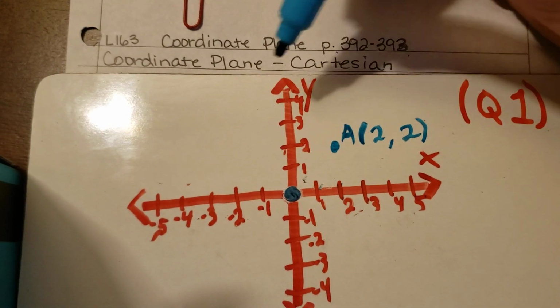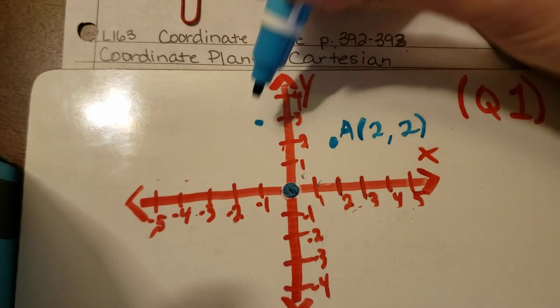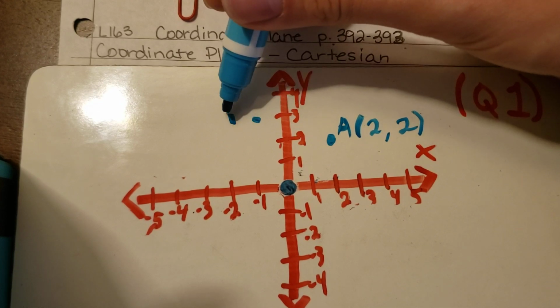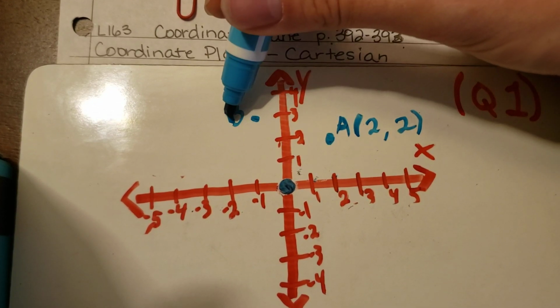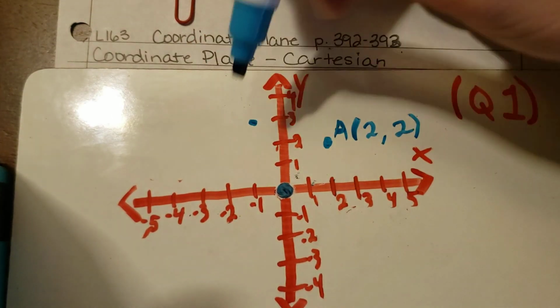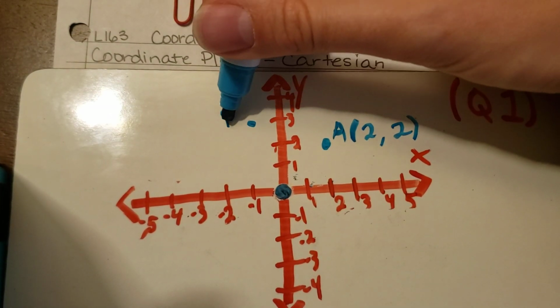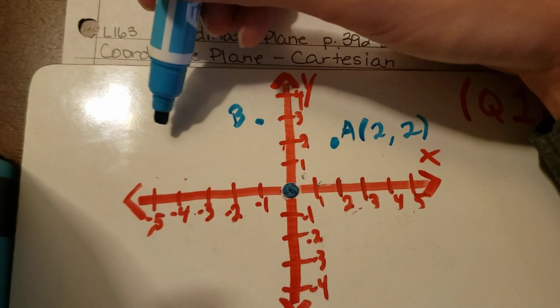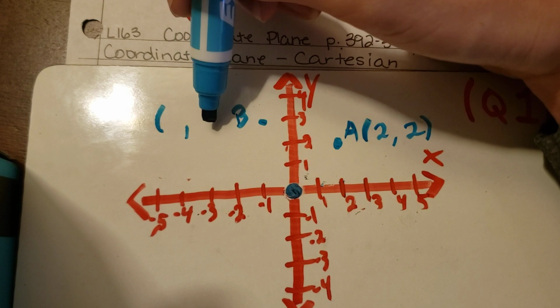Now let's go up here. And let's call this point B. Yes, I am going in alphabetical order according to the quadrants. I'm trying to breed some consistency. Okay. Point B, again, we're going to do x, y.